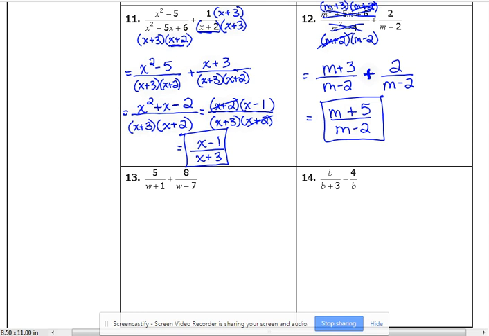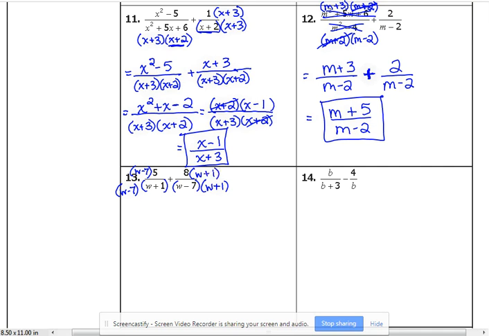Okay, we haven't run into this yet. Those two denominators have nothing in common. Okay, yes, they both have a w. But one is w plus 1 and one is w minus 7. Those are different factors. So the first one needs what the second denominator has, and the second one needs what the first denominator has.